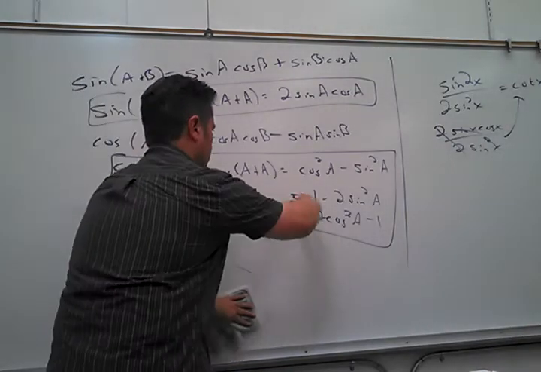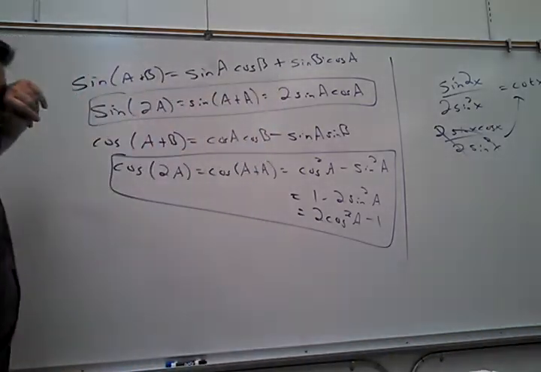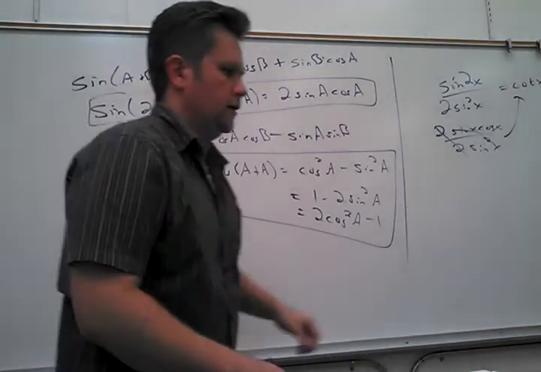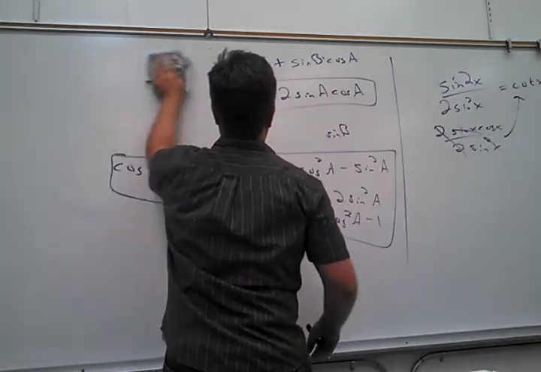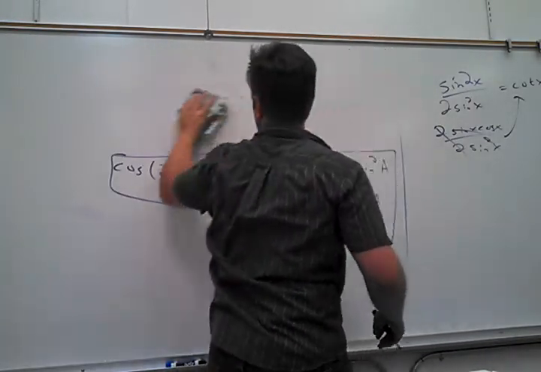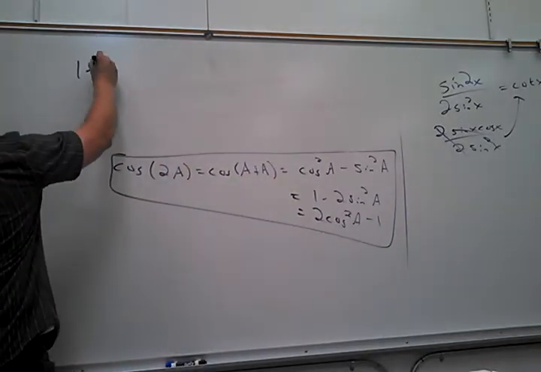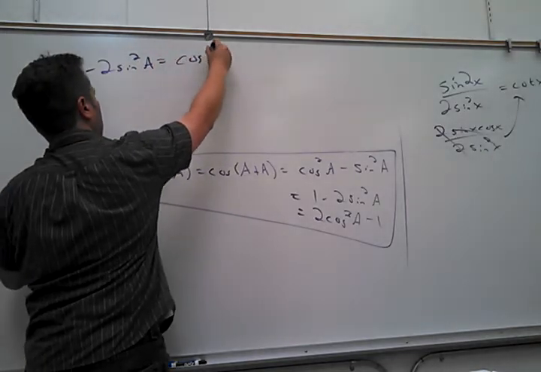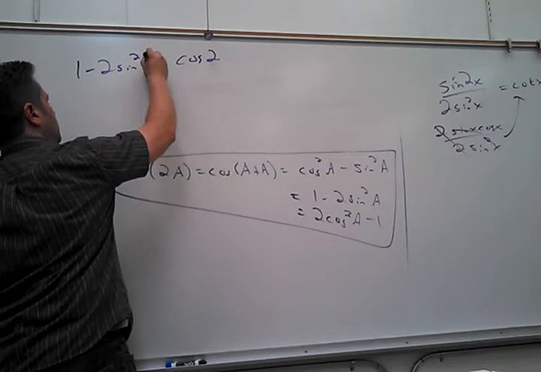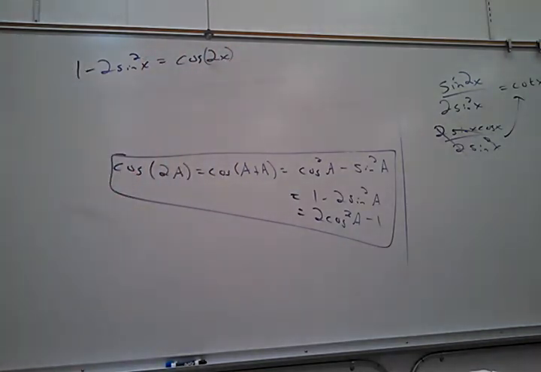So let's take a second to look at this here. If you take, for example, the second one, put the x in here. We basically just did this, but go one step further.